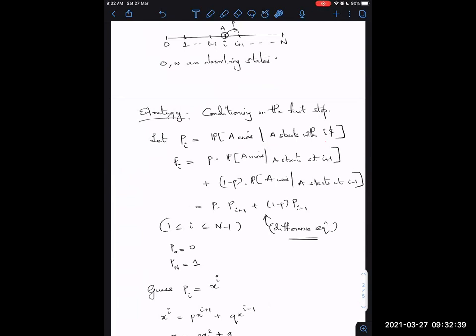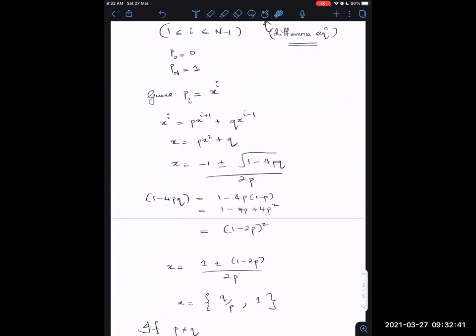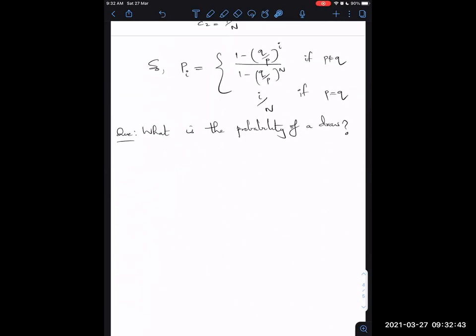So what will be PI for B in this case? Can someone tell me what is PI for B? If we calculate the same thing for B, B starts with n minus I dollars. Exactly, so that is n minus I over n.